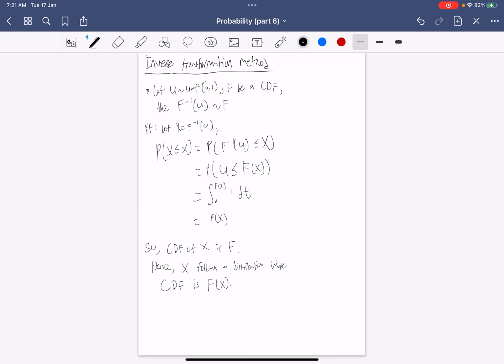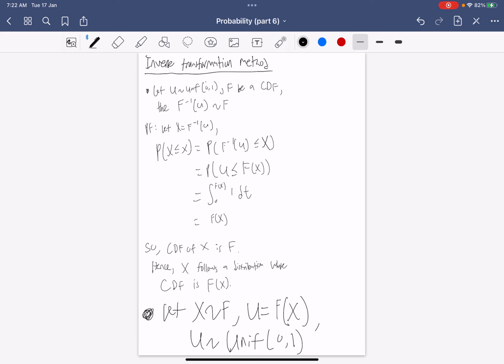And actually, you can see that part 2 of the inverse transformation method, which is somewhat like a converse, is that you now have a CDF. You follow some function, and you let U equal the CDF going through X, and this U now will follow a uniform from 0 to 1.